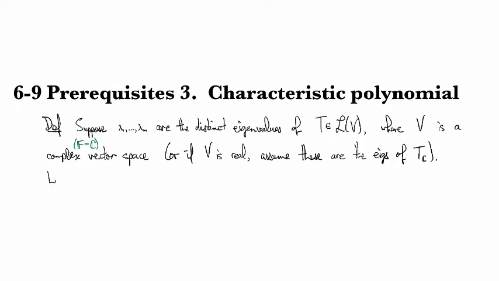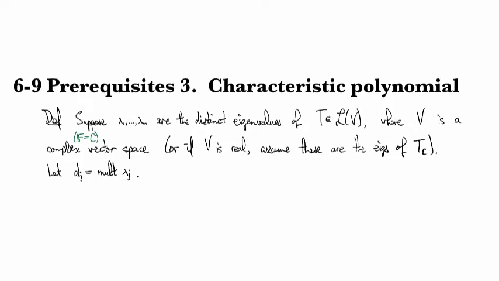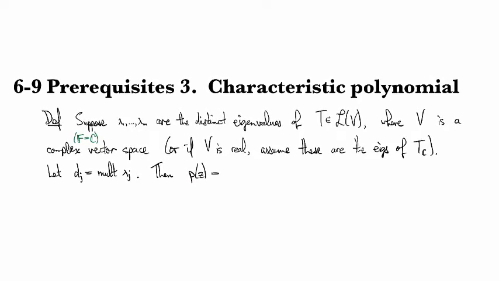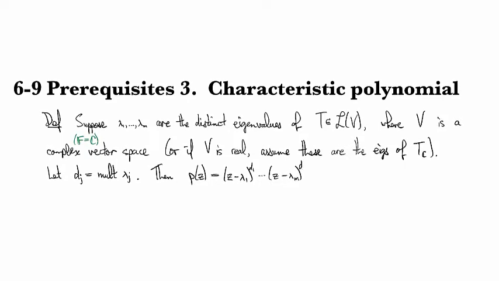And let's let dj be the multiplicity of the jth eigenvalue lambda j. Then the characteristic polynomial is z minus lambda 1 to the d1 power multiplied against all the other factors of z minus lambda j to the corresponding power.